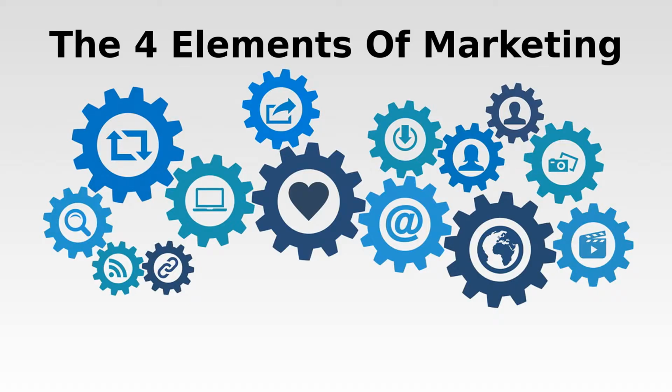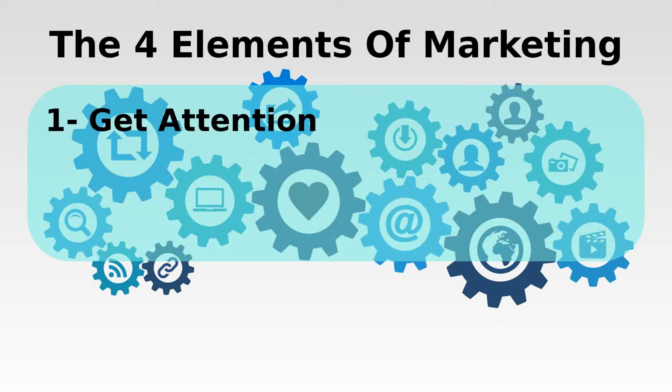Yeah, what I want to go through with everyone, especially when they're taking advantage of the first fold, is the four elements of marketing. And get your pens and papers out, everyone, because the four elements of marketing are, first, get attention. You want to make sure that you're getting attention on your first fold.